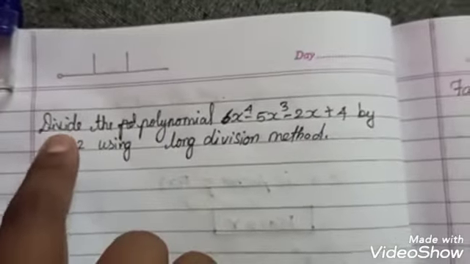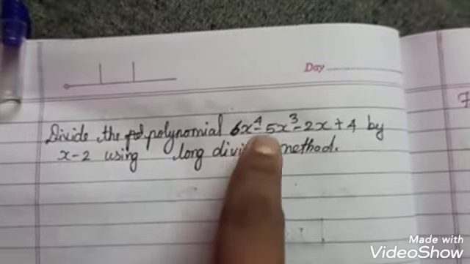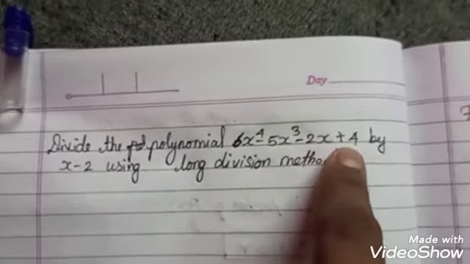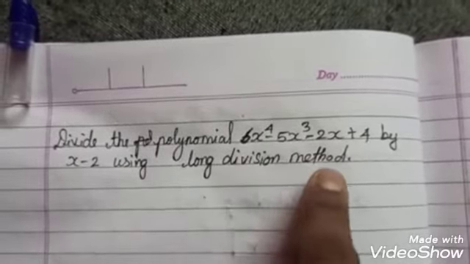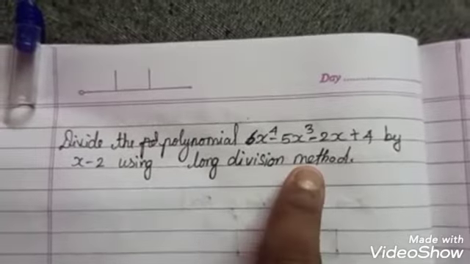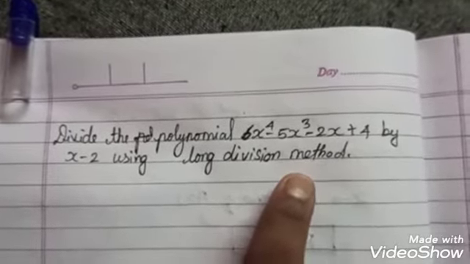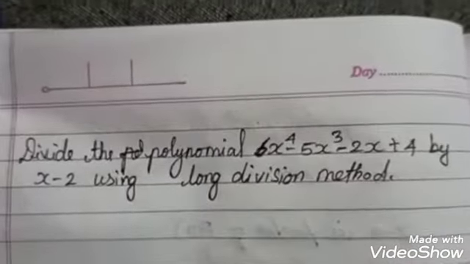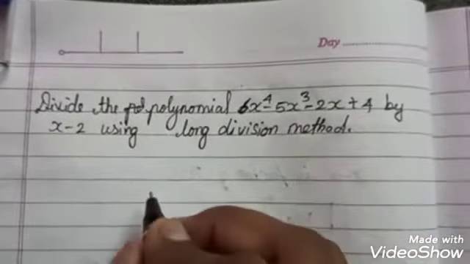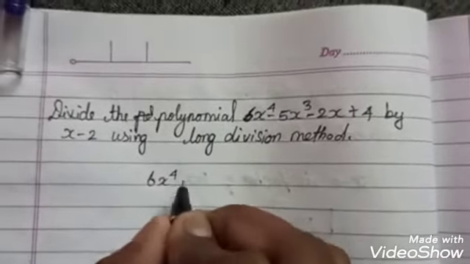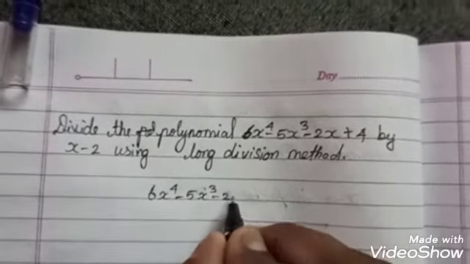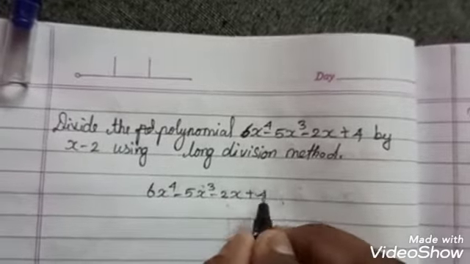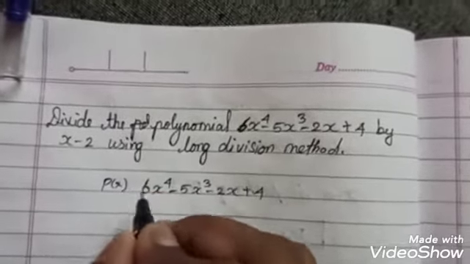So here, divide the polynomial 6x power 4 minus 5x cube minus 2x plus 4 by x minus 2 using the long division method. By using the long division method, we have to find out the remainder and quotient. So now I take 6x power 4 minus 5x cube minus 2x plus 4 as P of x.